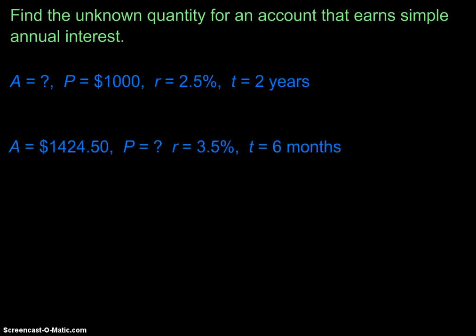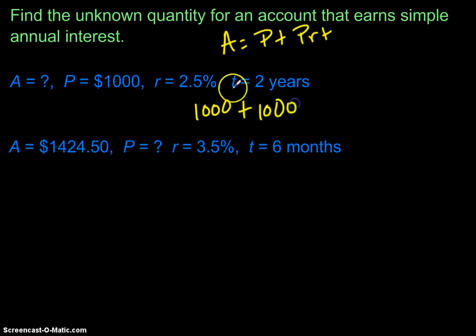Okay, let's find this using the account balance formula. So A is equal to P plus PRT. Well, A is A, obviously. We're looking for A, so that's easy. P is 1,000 plus, well, P goes there again, times the rate, which is 0.025, and the time is 2 years.